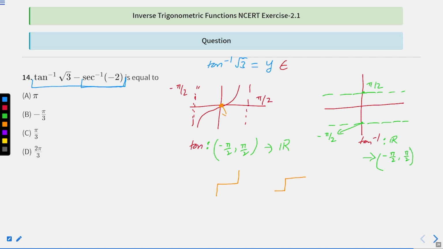This is at 0, so you must also get the point over here. So your rough graph will be something like this. From this, what you can say is that this y must belong to the open interval minus pi by 2 to pi by 2.